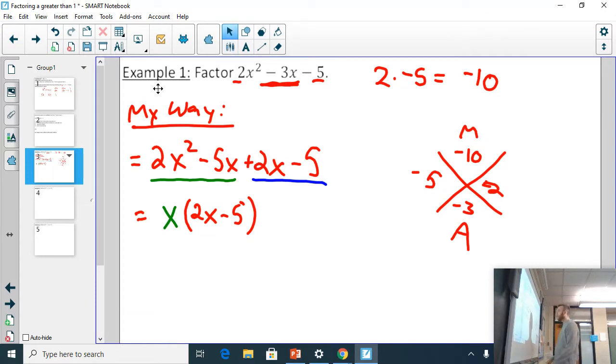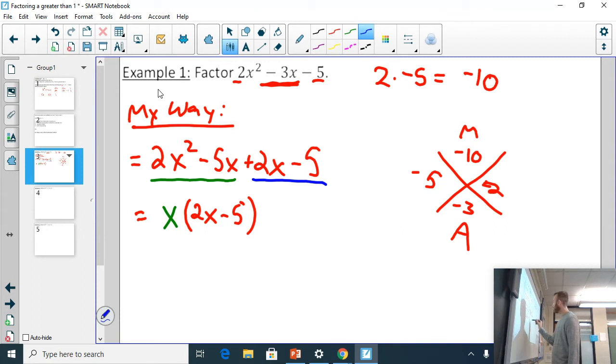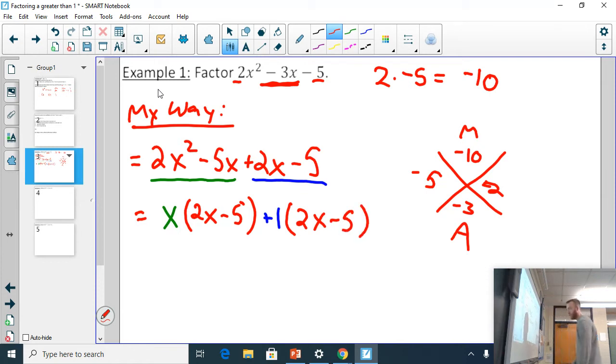And then here I can't take out anything besides an invisible 1, but it'll help us visualize something. So then we'll have 2x minus 5 left over.